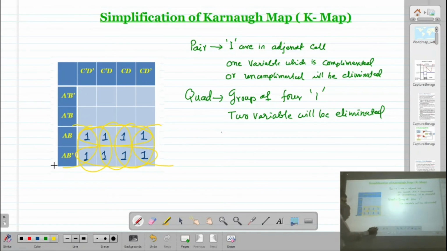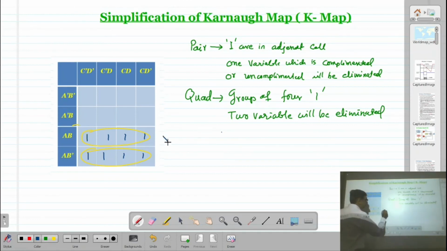So we should eliminate the overlapping quad. Here we have 1, 1, 1, 1, 1, 1, 1. Suppose I am making a quad like this and this. Then what is my expression? Expression will be y equal to, for this square, here A and B remain unchanged, so it is AB.